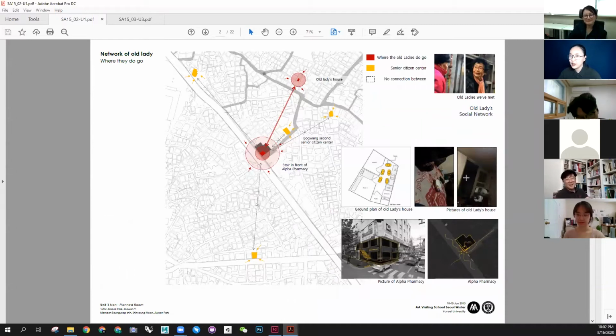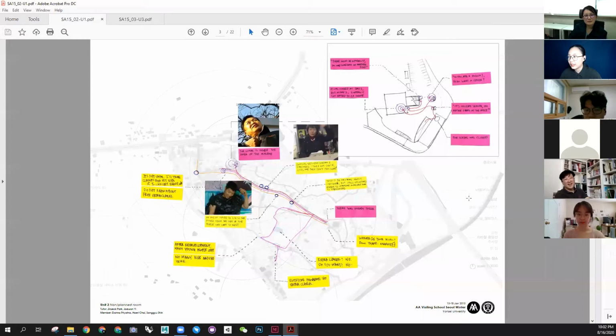So in this unit, it's really interesting, approaching the urban topics through a series of engagements with the people that they meet on the actual site.